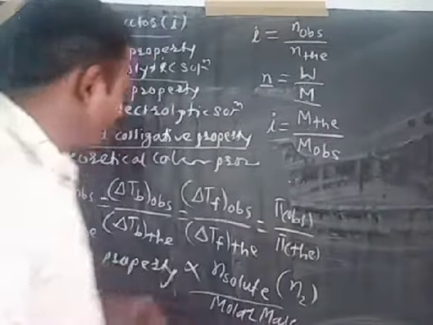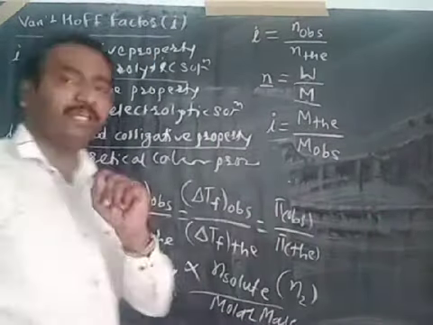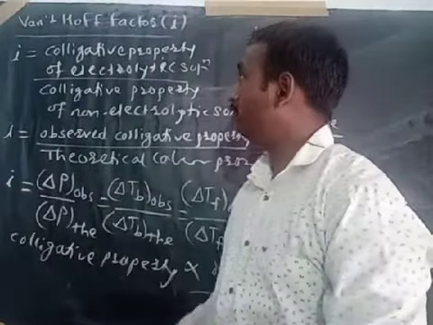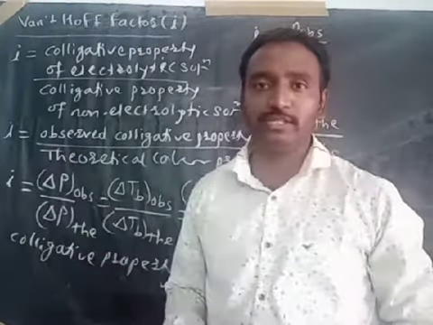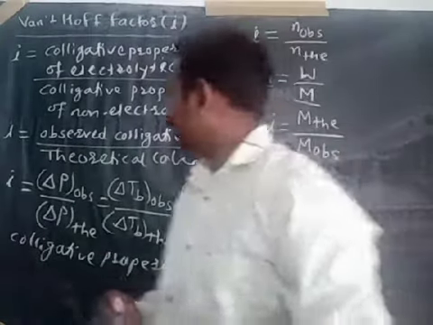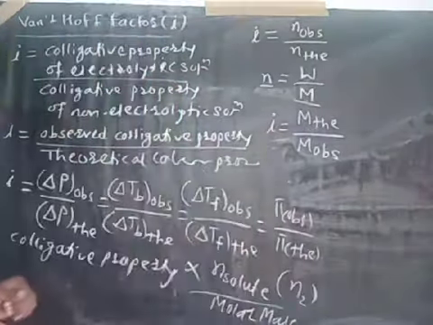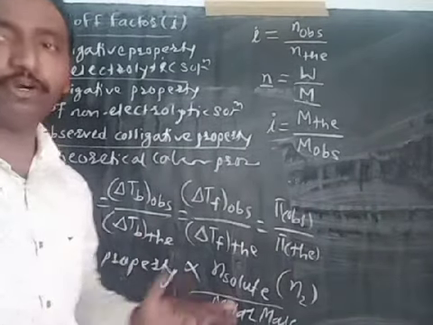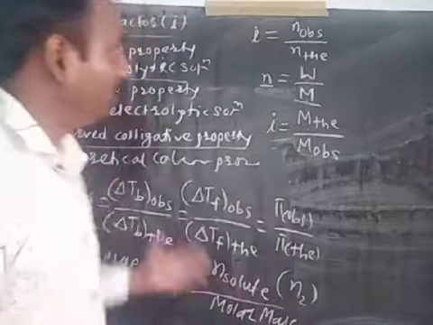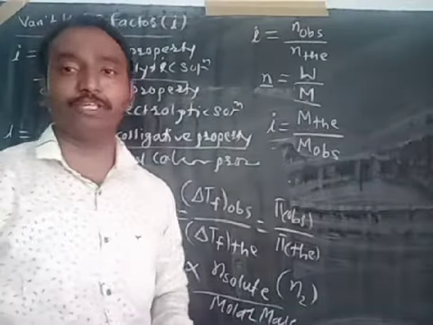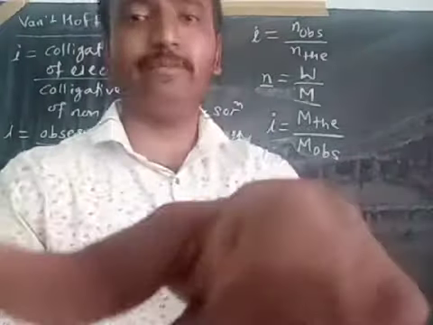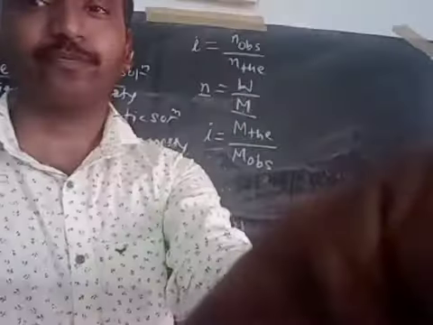Now, as we studied, i will be 1 for the non-electrolytic solution and i will be greater than 1 for the electrolytic solution. So there are modified mathematical expressions for the colligative properties of the electrolytic solutions, and those expressions can be written as follows.